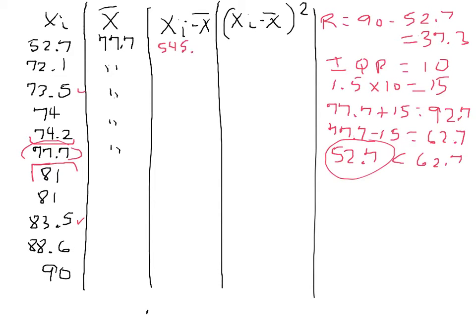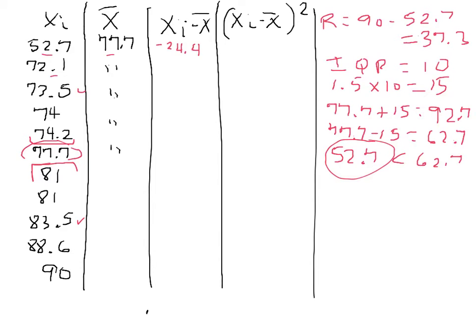When we're subtracting, we take the data value 52.7 minus 77.7, and we get negative 24.4. Oh no, the 545.36 is when we square it. Then you take the next data value, 72.1, minus the mean, 77.7.